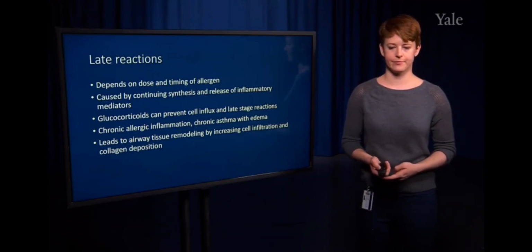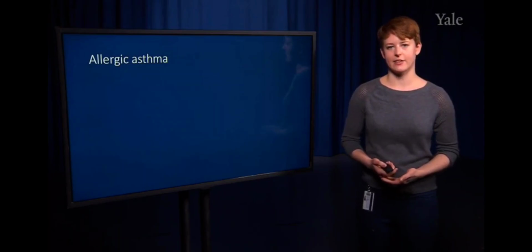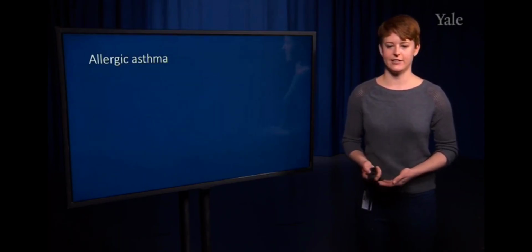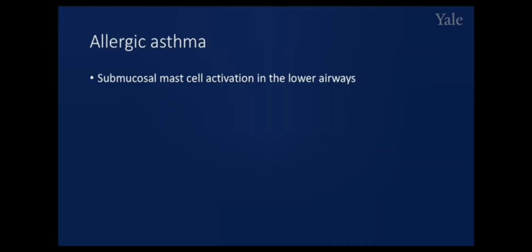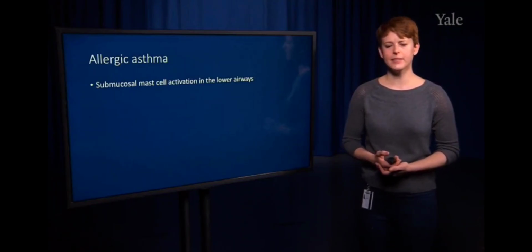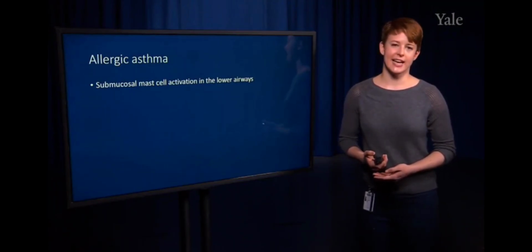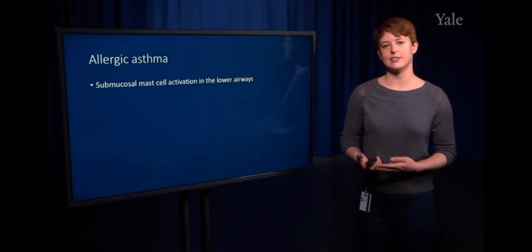So in allergic asthma, this is a chronic inflammatory allergic response, and it's characterized by submucosal mast cell activation in the lower airways. So we talked about acute rhinitis, that's in the upper airways, such as the nasal passages. In allergic asthma, this activation and degranulation is occurring lower in the airways, so down in the bronchioles of the lungs.